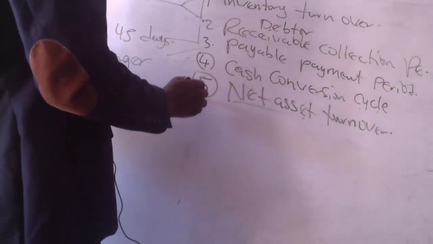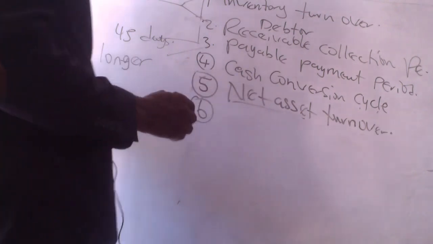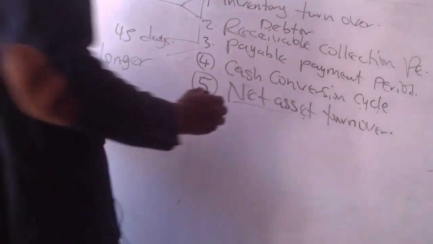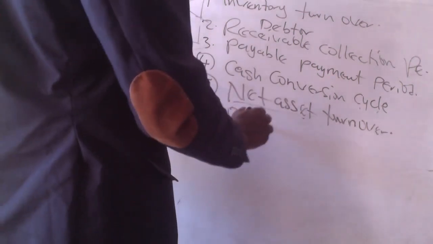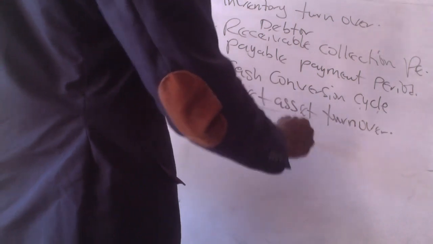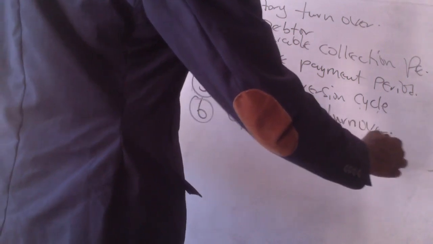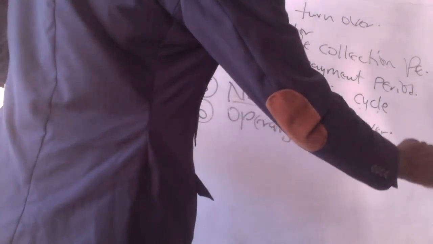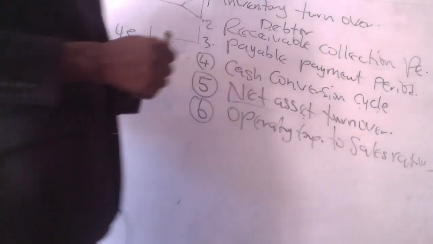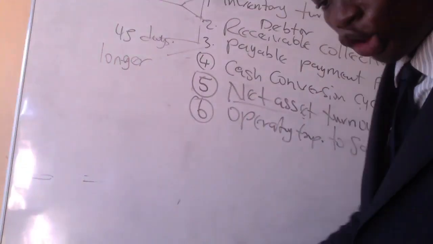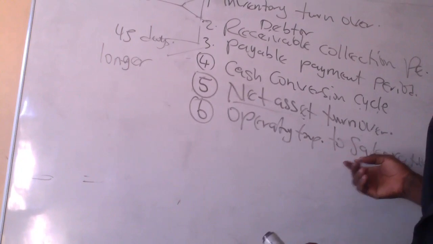So the sixth one that I'll talk about is the operating expenses to sales ratio.